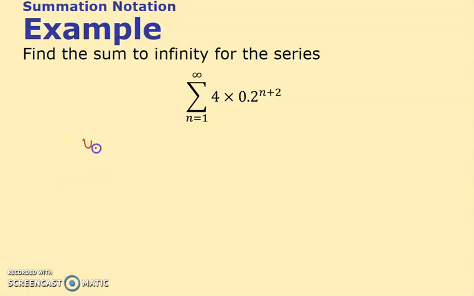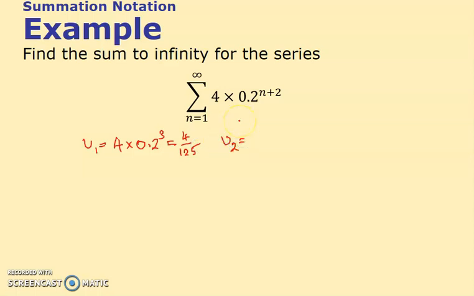I'm going to just work out what each term is first of all. What's my U1 term? It's 4 times 0.2, and it says n plus 2, so that's to the power 3. So I just do that on my calculator. 4 times 0.2 cubed. I get 4 over 125. Okay, that's my U1.